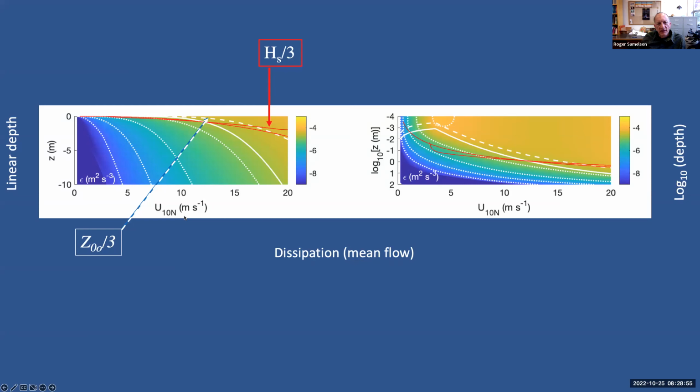And the dashed white line, not the dotted one, but the dashed white line near the surface, is a third of this roughness length. And 1/3 of the 2 estimates of wave state are the solid red lines. So you can see they don't match up exactly, but especially towards the higher wind speeds, they're in the same ballpark. So this interpretation seems to have some consistency to it.